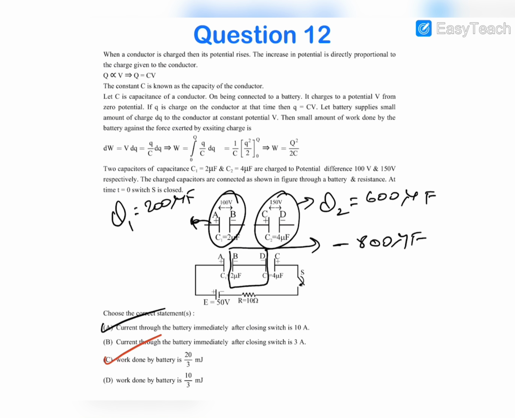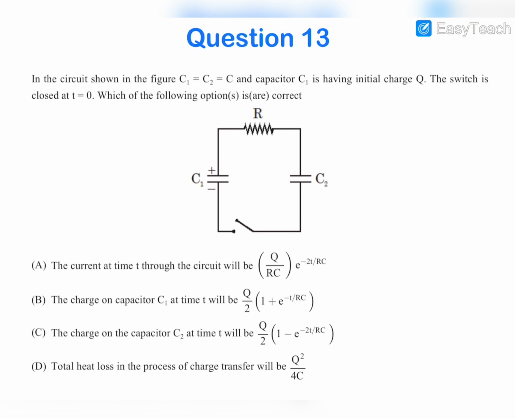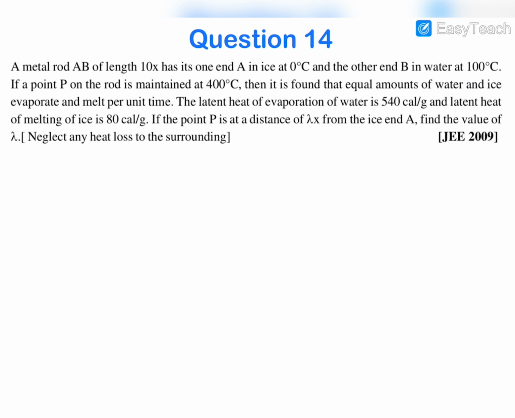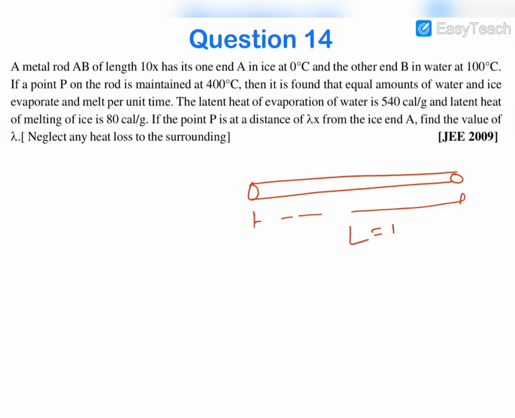Now we move on to the next question. This question is mistakenly repeated, so we can omit this one. Now in this question, there is a metal rod like that, and its length is 10x, and this end is A, it is at 0 degree Celsius, and this end is 100 degree Celsius, and there is a point P, and temperature of P is equal to 400 degrees Celsius.